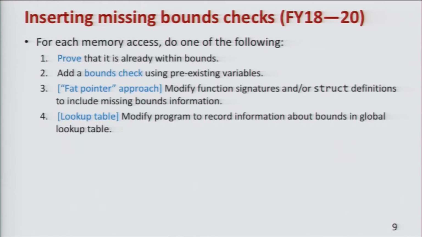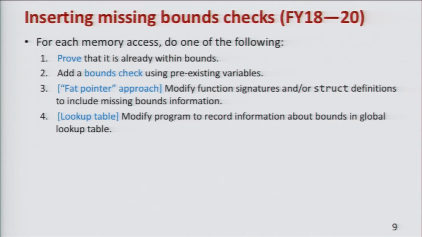For each memory access, we first try to prove that it's within bounds. If we can't prove that, then we attempt to insert a bounds check using the pre-existing program variables, as we did on the previous slide. If that doesn't work, we next try a so-called fat pointer approach, where we modify the function signatures and/or struct definitions to include missing information that would enable us to insert a bounds check.